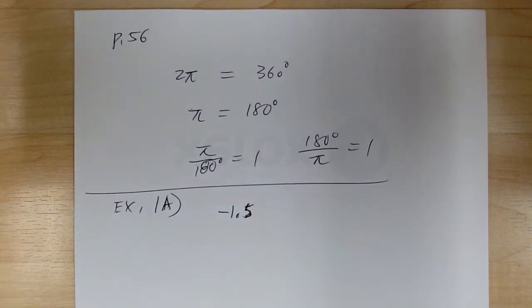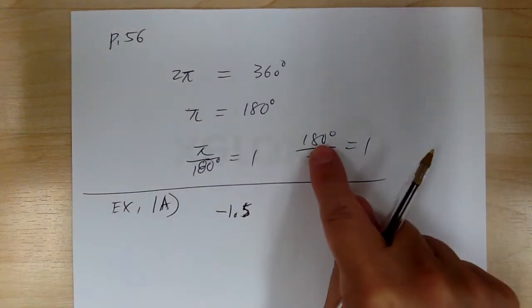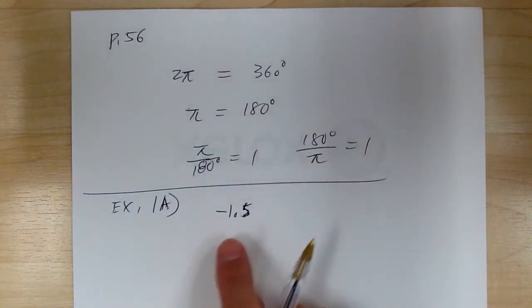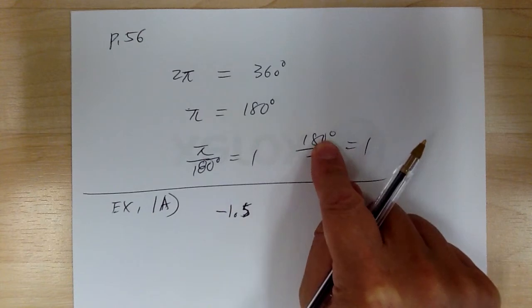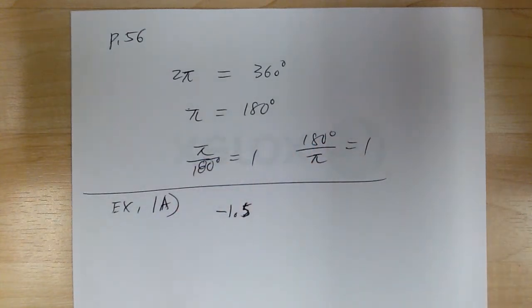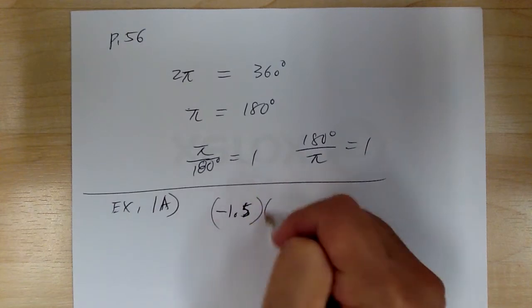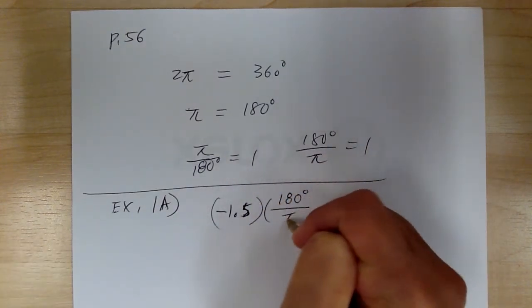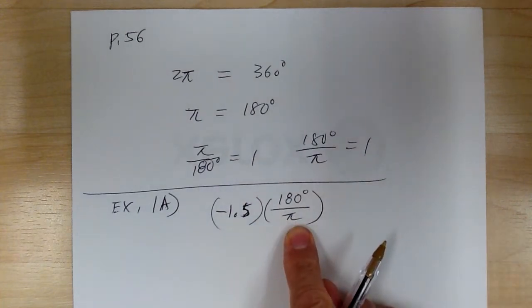If you're converting to degrees, you use 180 degrees over pi. If you're converting to radians, you use pi over 180 degrees. So you multiply by 180 degrees over pi. This is equal to 1, so you're not changing anything.